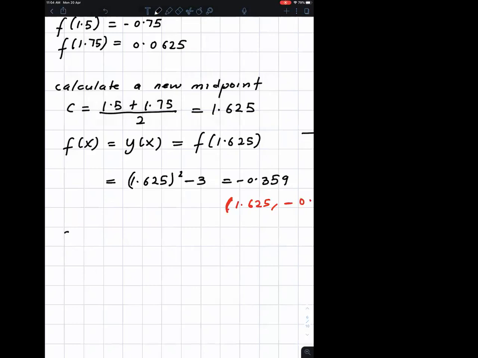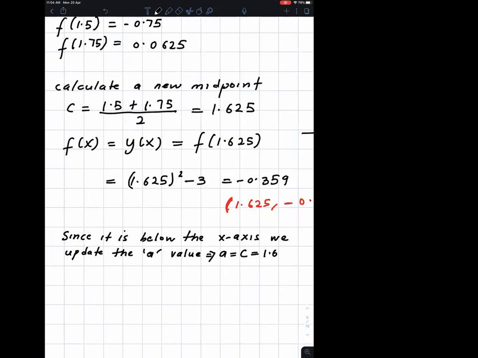Since it is below the x-axis, we update the a value. Therefore, a becomes c, and c is 1.625.